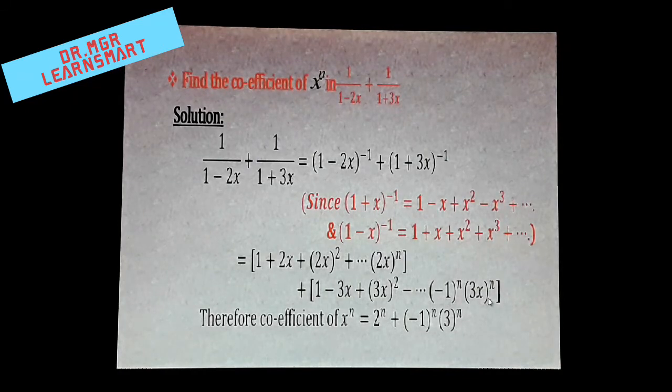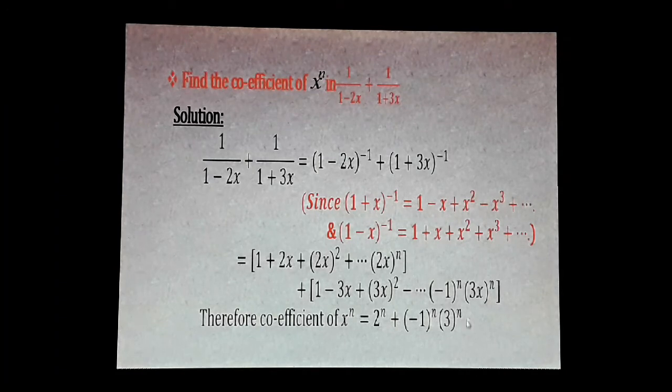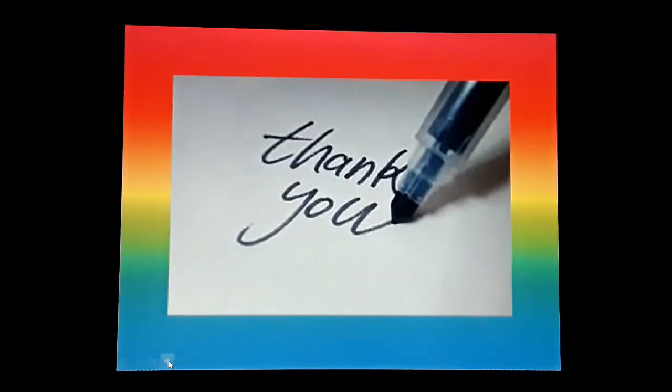We didn't put it here, but it is understood. Here 2 power n is the coefficient of x power n. Here (minus 1) power n into 3 power n is the coefficient of x power n in the second series. So by combining both, the coefficient of x power n is 2 power n plus (minus 1) power n 3 power n. Thank you.